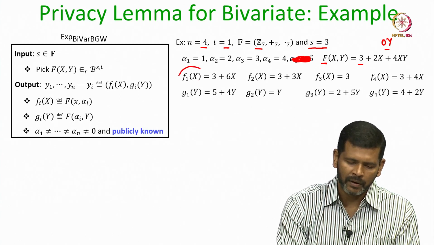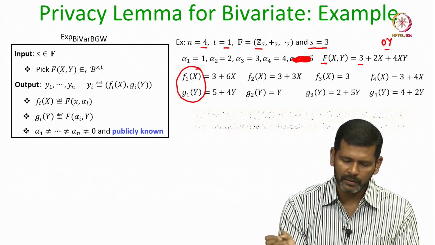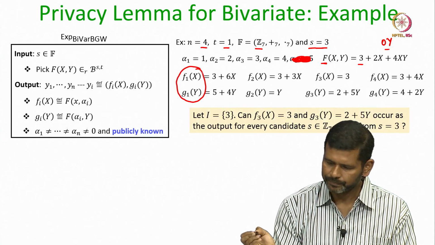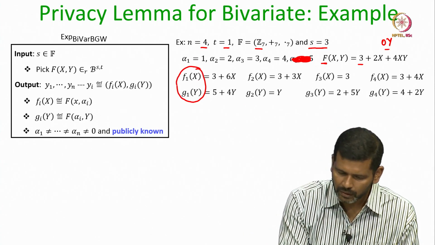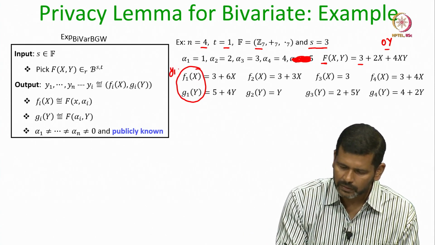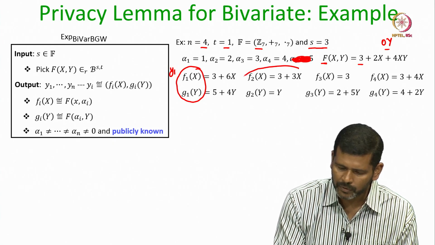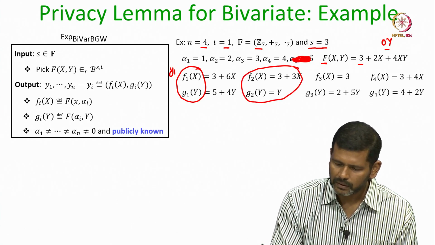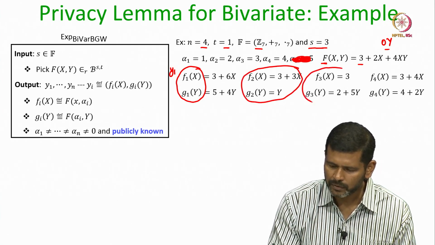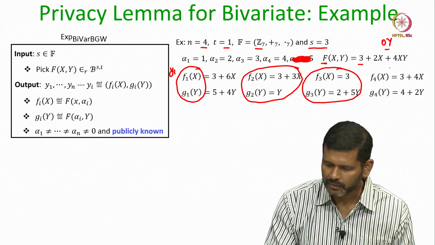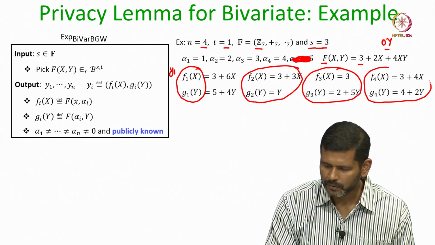So, this pair of output will be y 1. This is y 1, this is the second pair of output, this is the third pair of output, and this is the fourth pair of output.